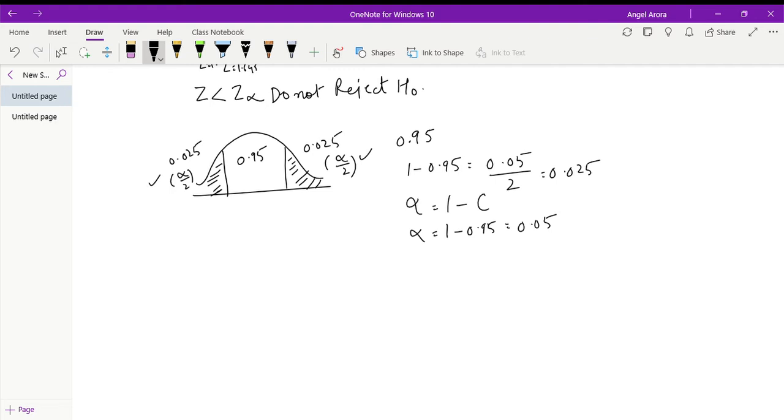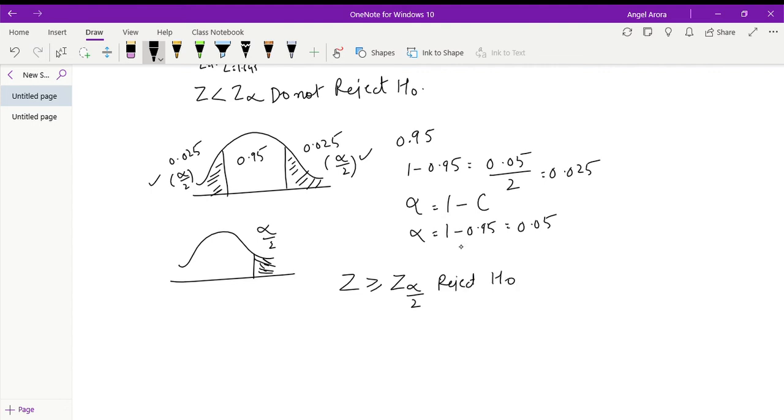Now the Z value that we calculate on the basis of the test statistic will come either positive or negative. Suppose the value is positive, then we have to compare it to Z alpha upon 2, this area. If Z is positive, obviously this area is alpha upon 2. If Z is greater than or equal to Z alpha upon 2, then we will reject the null hypothesis.